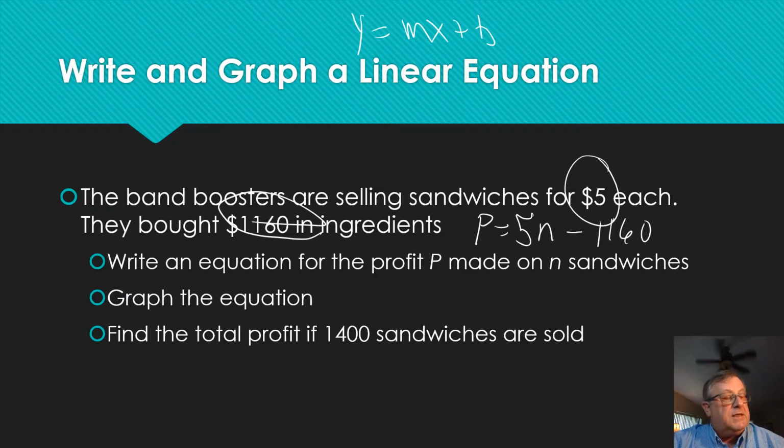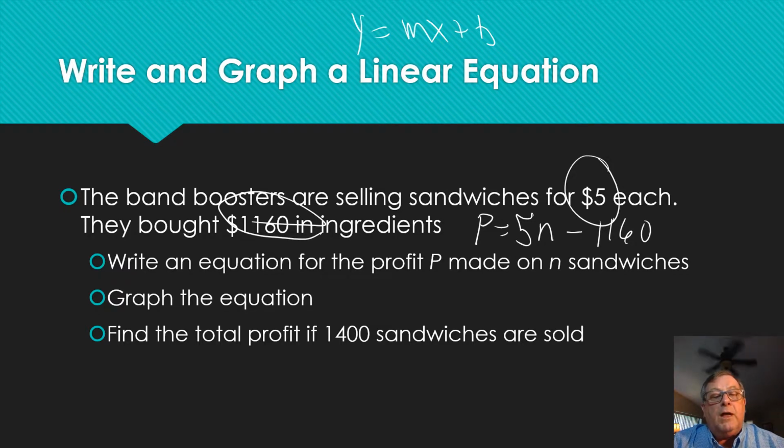Now, the second thing it says is to graph the equation, and I'm going to do that in the calculator. And quite frankly, I'll be honest with you, most times if I was looking at this problem, I might graph it just so I could recognize what the equation looks like, what the graph looks like, if I've got a multiple choice question.